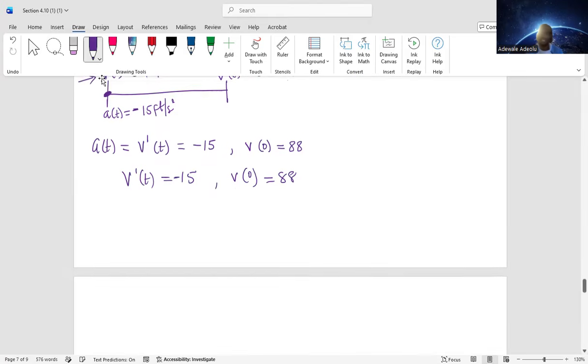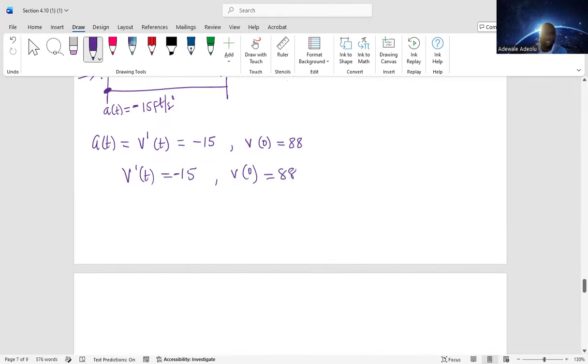And guys, I have an initial value problem. Remember that v prime of t is dv/dt. So if I take the antiderivative of this, I need to add dt. So I do the same thing here. That is negative 15 dt, right?